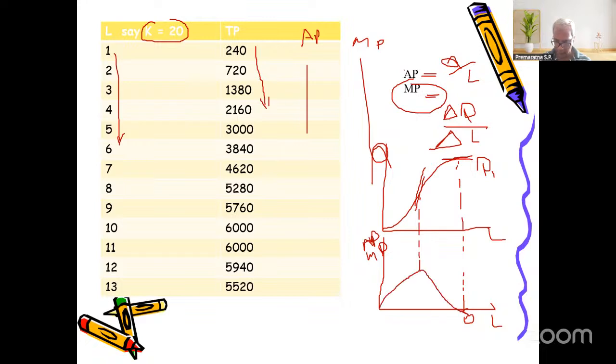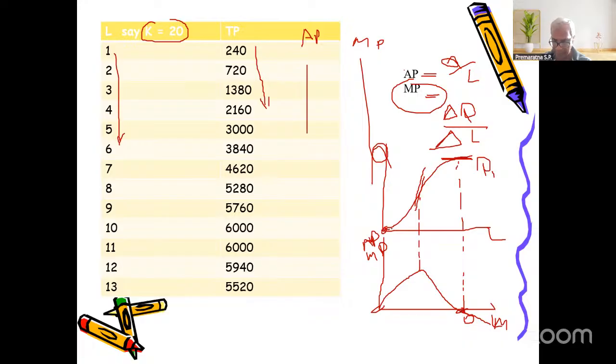So the marginal product curve goes like that. Here is a small mistake I made. So that's how the marginal product curve goes. You also understand the relationship: 0 production, no marginal product. At the maximum point of total product, marginal product is also 0.